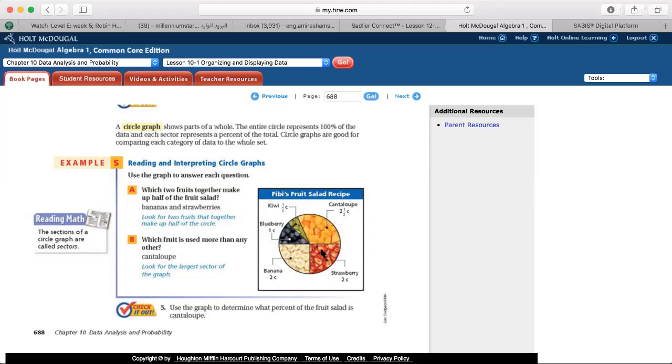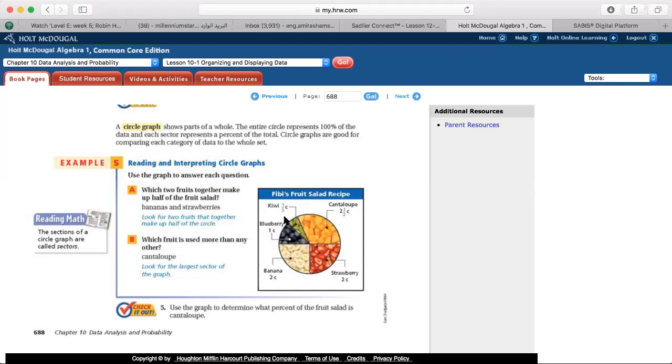Each part here is called a sector, and each sector represents part of the whole. The kiwi is part of the whole circle. Blueberry is a part of the whole circle. Circle graphs are good for comparing each category of data to the whole set.